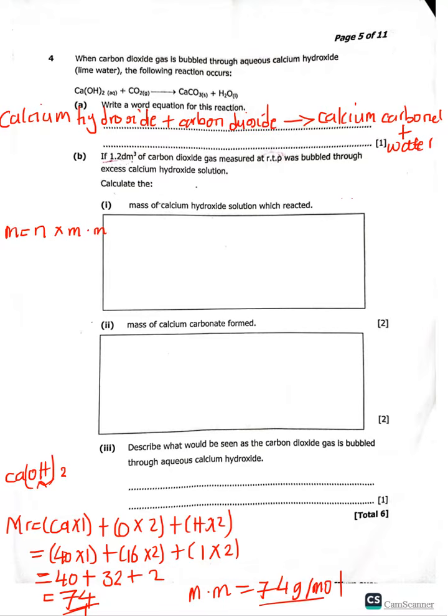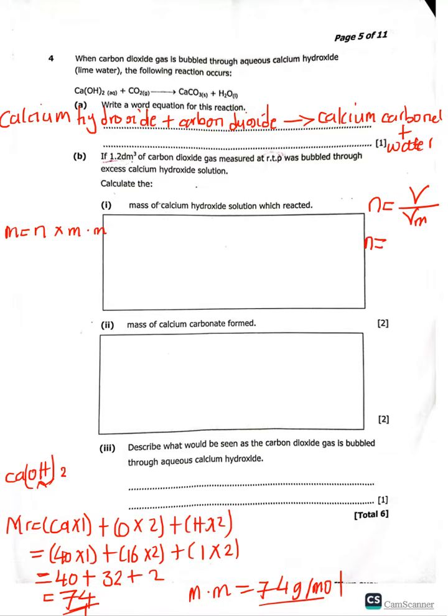Okay, so we have now calculated the molar mass, so we just have to find the number of moles for calcium hydroxide. Since we have been given the volume of carbon dioxide, we can use this volume to find the number of moles of carbon dioxide. Then we are going to use a mole to mole relationship to find the number of moles of calcium hydroxide. So number of moles is equal to volume over molar volume.